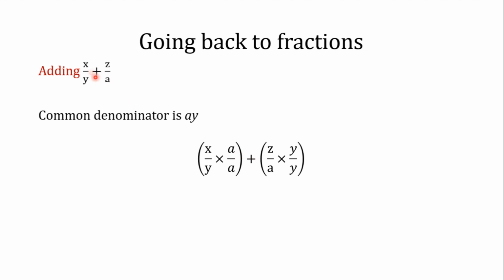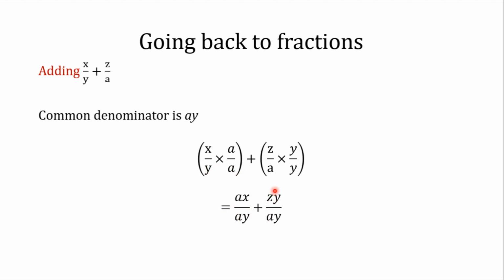Then we add z over a, and in order to get the common denominator ay, that's times y over y. y over y is again 1, so we're not changing anything really. We get ax, which is x times a in the numerator, and then we get y times a in the denominator.